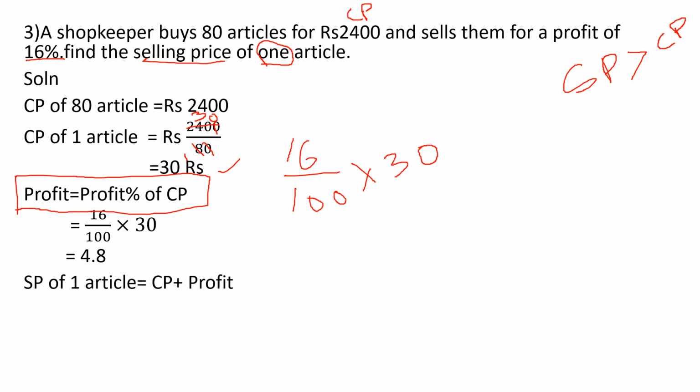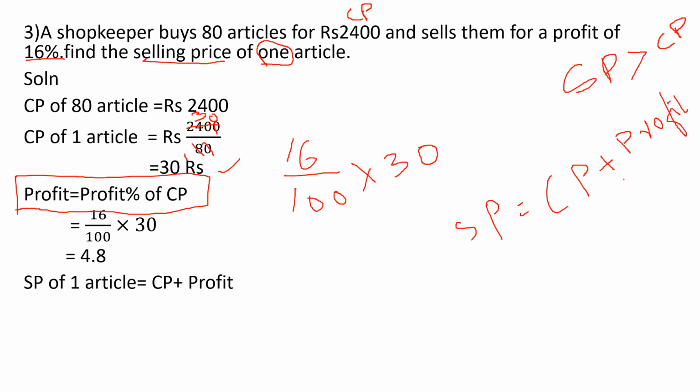What is the formula? If we are having CP and profit, then how will you find the selling price? These are all the formulas you learned in your smaller classes. Look, all these formulas now we are using. So those who forgot these formulas, please note them down. Selling price equal to cost price plus profit.